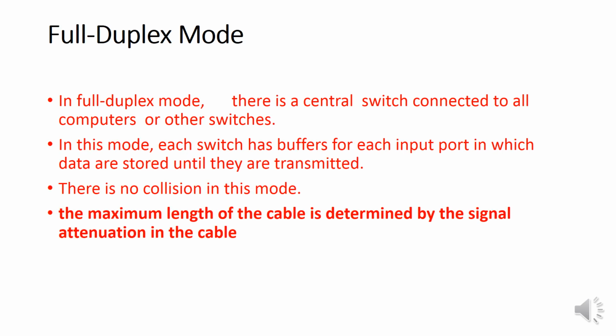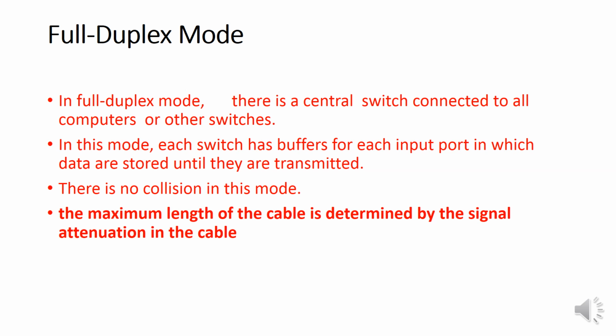One by one. In the case of full duplex mode, there is a central switch connected to all the computers or other switches. So there is a centrally controlled device, which is nothing but a central switch, to which all the other devices are connected. In this mode, each switch has buffers for each input port in which data are stored until they are transmitted. That means the switch behaves as a storage device.